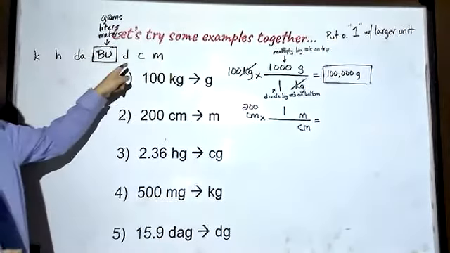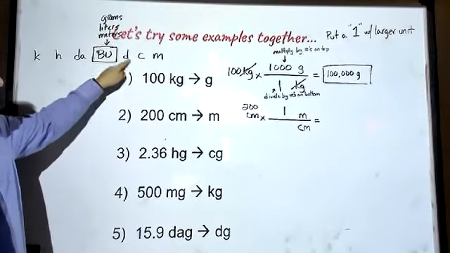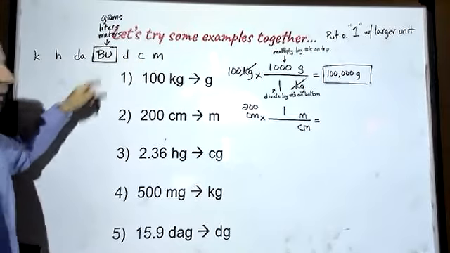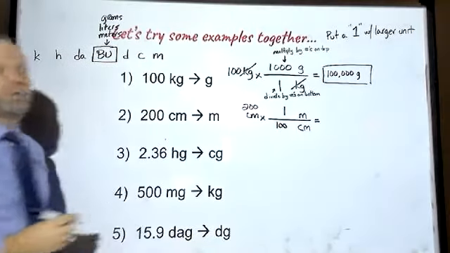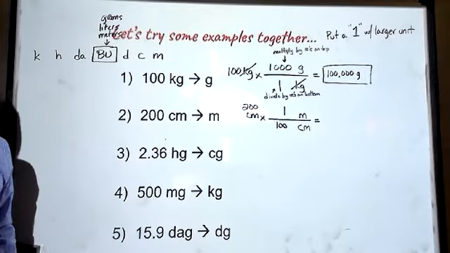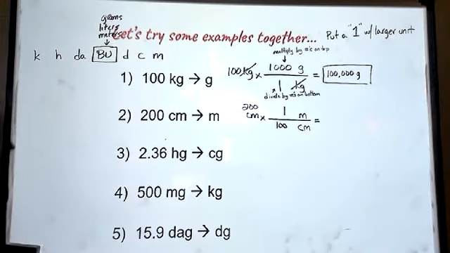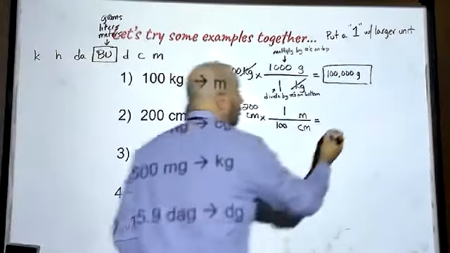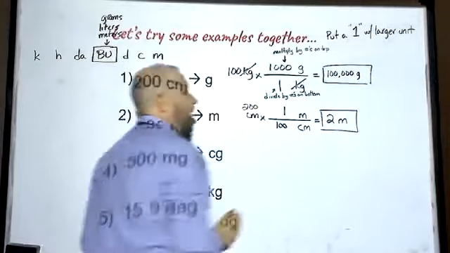And then since we're going from centimeters to meters, how many spots away is that? 1 spot, 2 spots away. So we have a 1 with 2 zeros. So going from centimeters to meters, we're going to take 200 centimeters and divide by 100. So we're going to get 2 meters as our answer here.